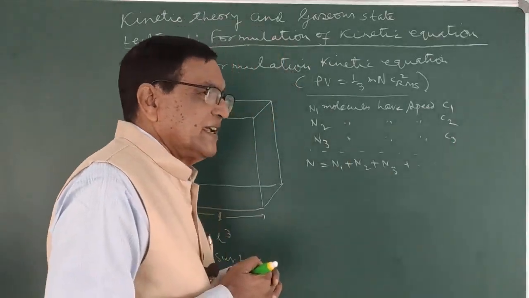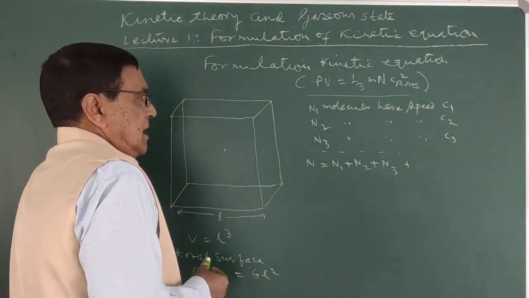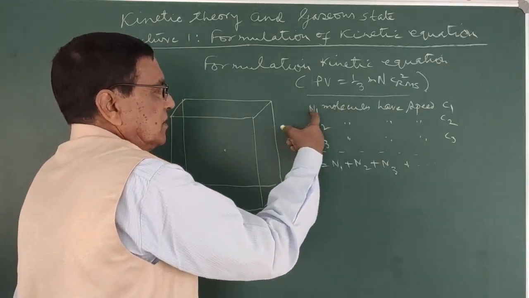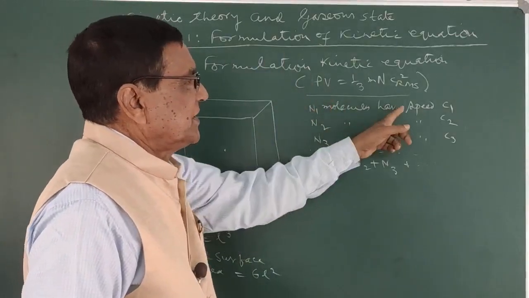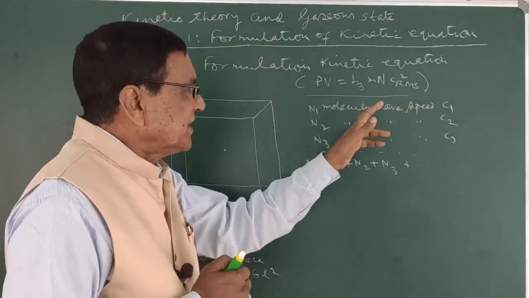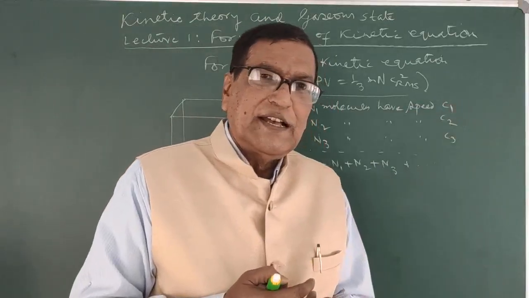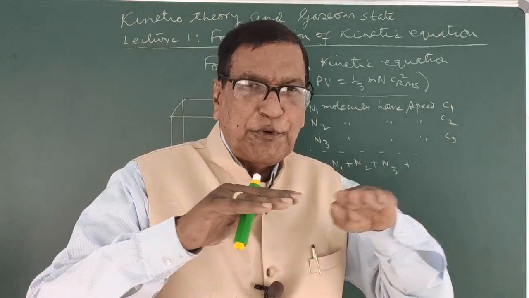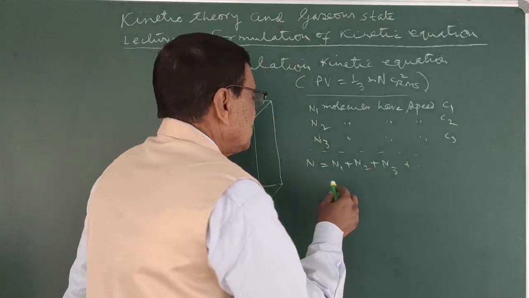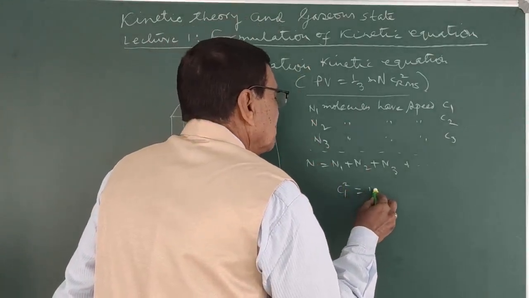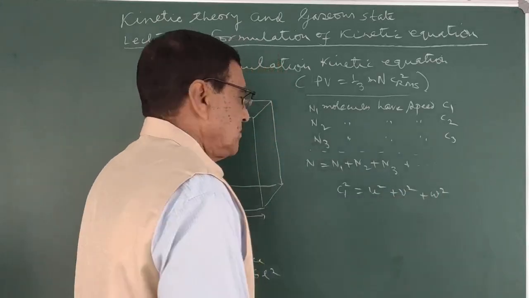Let us consider one molecule of this N1 type. That means this molecule has the resultant speed C1. If we resolve the resultant speed C1 into its component velocities along the x-axis, y-axis, z-axis, then C1 square equals U square plus V square plus W square.